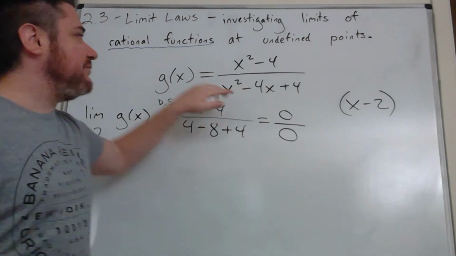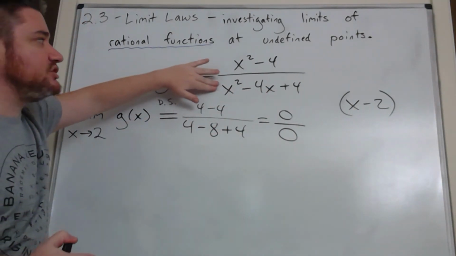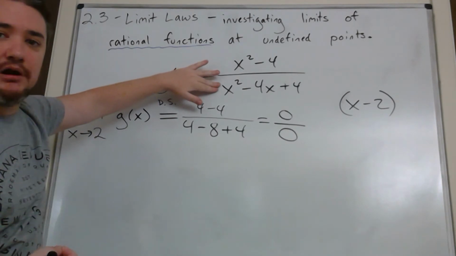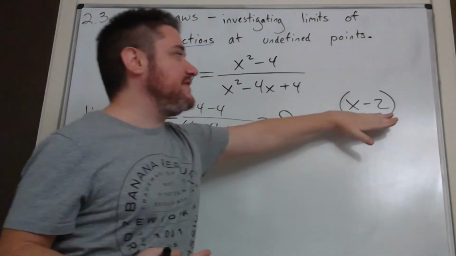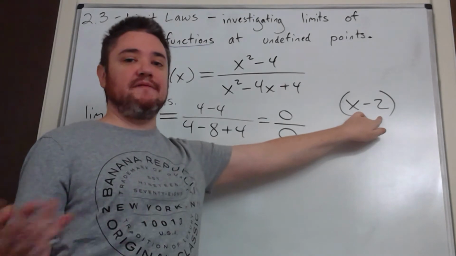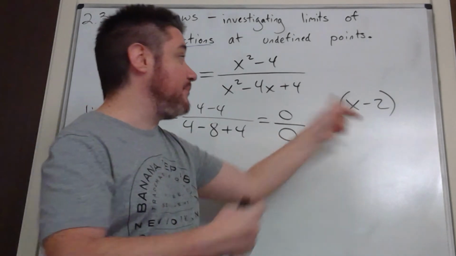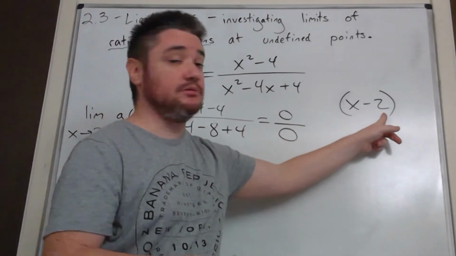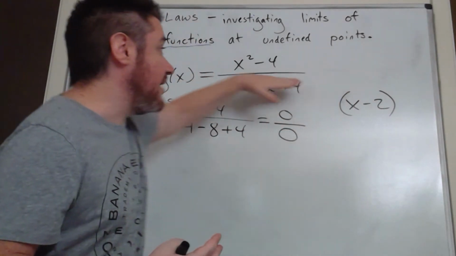Well, let's just focus on the bottom. If plugging 2 into the bottom equals 0, the only way that can happen is if this term happens to be one of the factors of the bottom, because then, by plugging in x as 2, 2 minus 2 is 0. That's what's making the bottom 0.